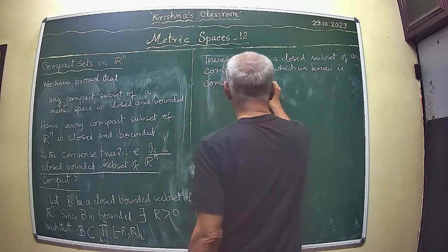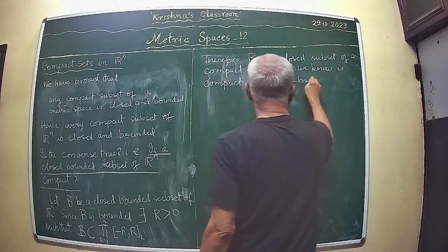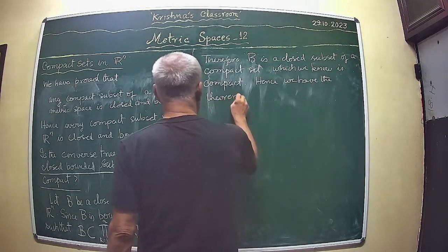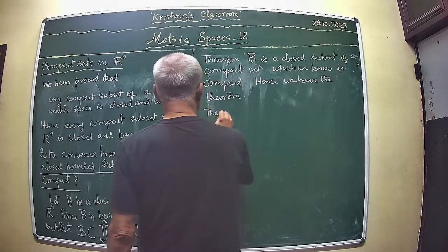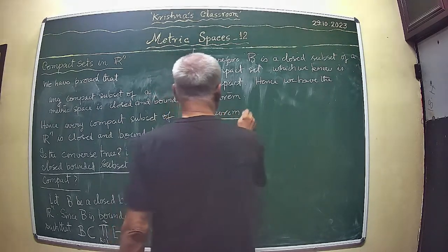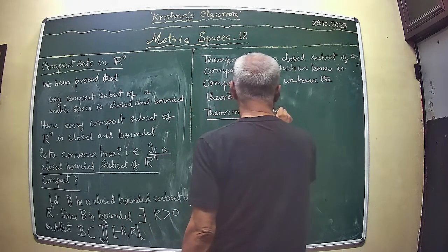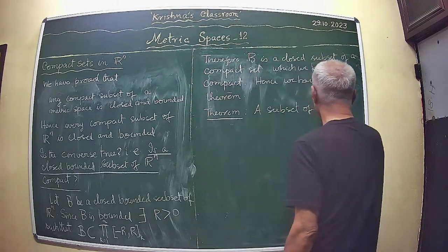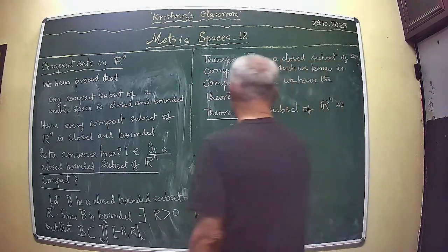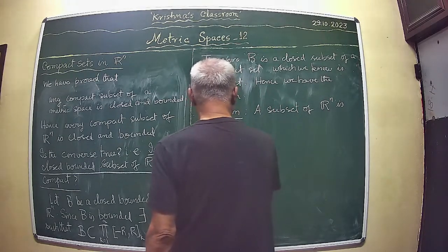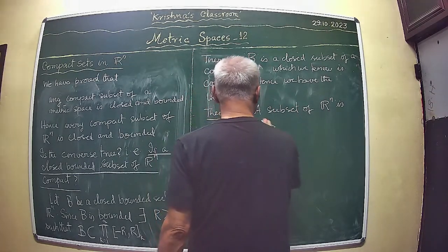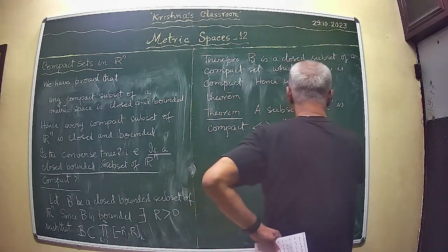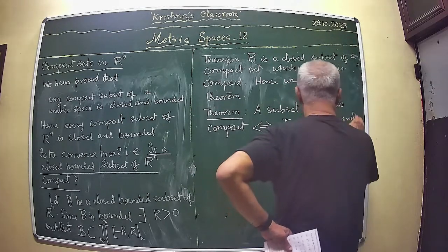Hence we have here the Heine-Borel theorem. A subset of Rn is compact if and only if it is closed and bounded.